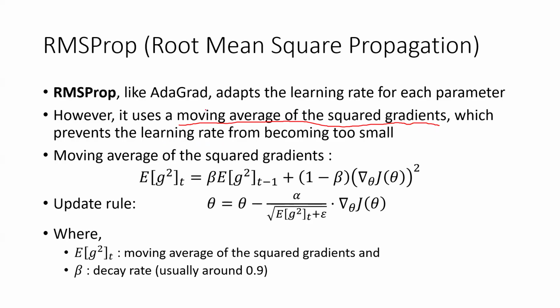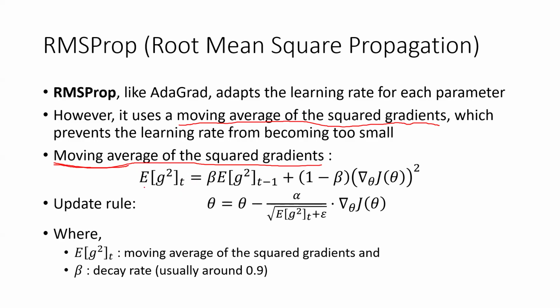In AdaGrad, that problem is there. So instead of directly using the gradient, we are using this moving average of the squared gradients, which is an exponential moving average algorithm for calculating the gradients, right?